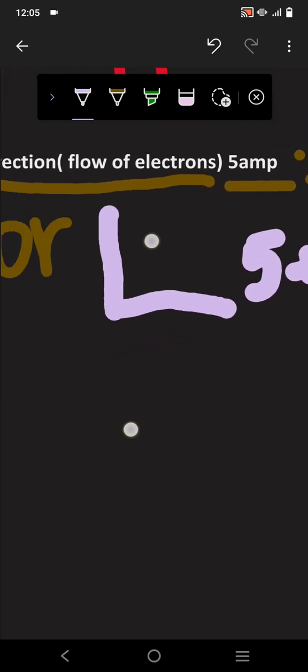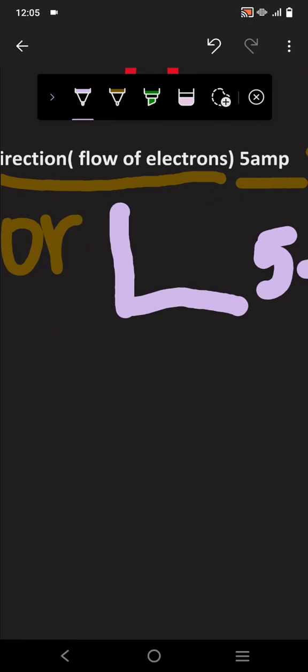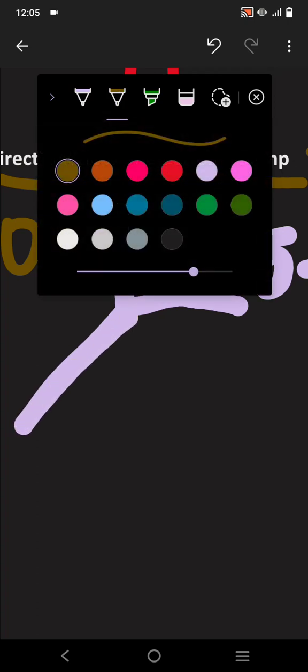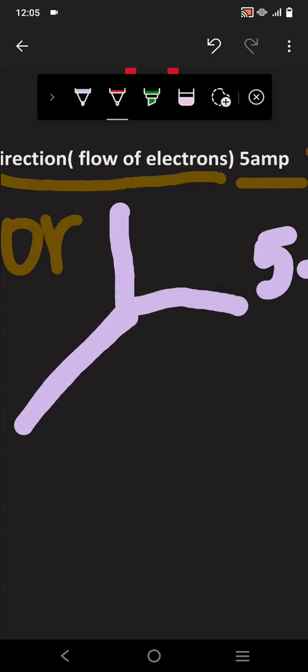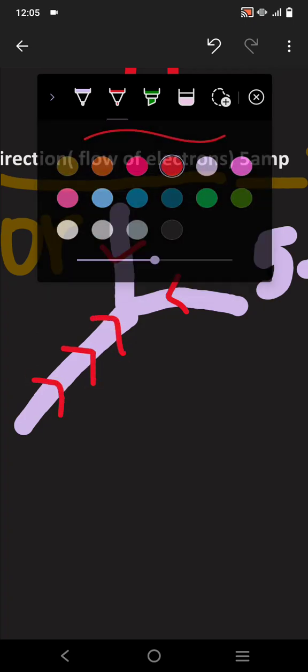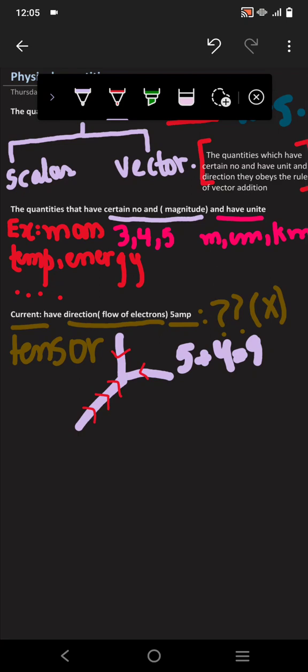But the direction of the current is here. So that is why it does not follow the rule of vector addition. I hope my students you got this.